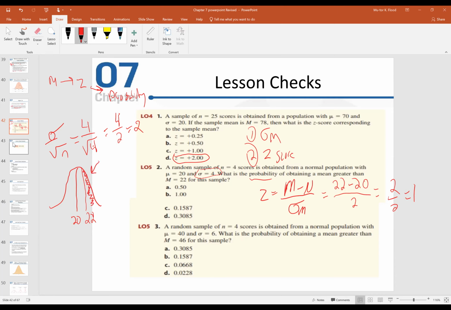So we're looking for a tail. And if we wrote it out as a probability, it's P, and in parentheses, the event. The event is finding a sample mean that is greater than 22. All right. And so now we are going to take the z-score of 1.